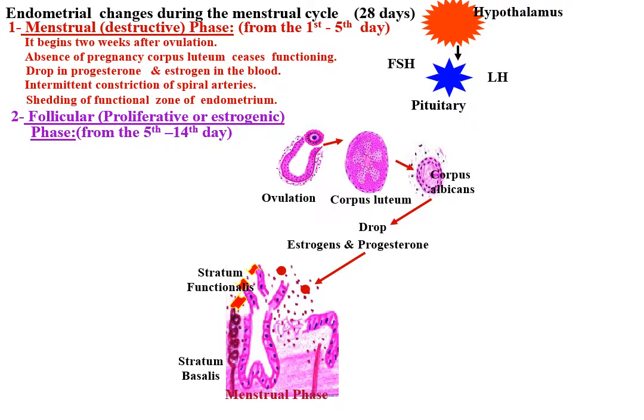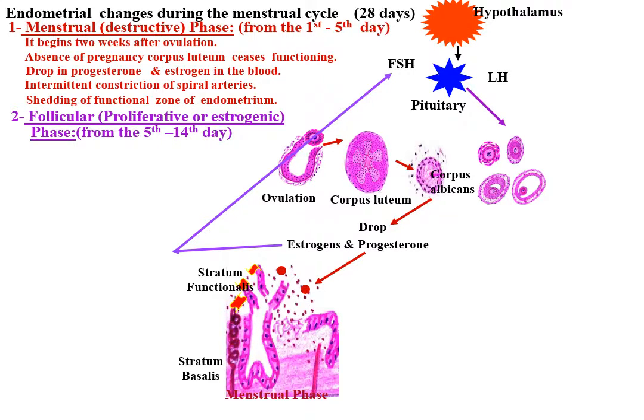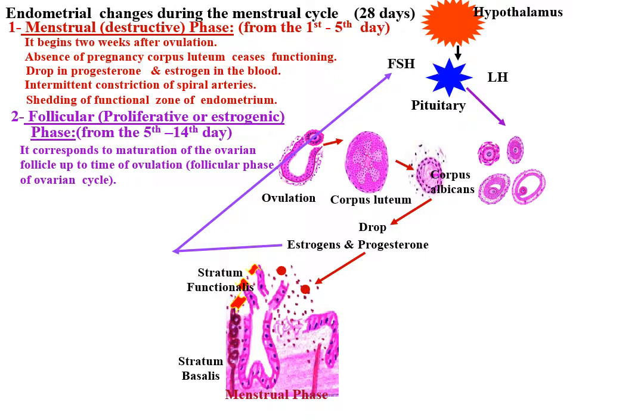Follicular or proliferative or estrogenic phase from the 5th day to the 14th day. It corresponds to maturation of the ovarian follicle up to the time of ovulation, the follicular phase of the ovarian cycle. The endometrium regenerates and increases in thickness under the effect of estrogen secreted by the mature Graafian follicle.